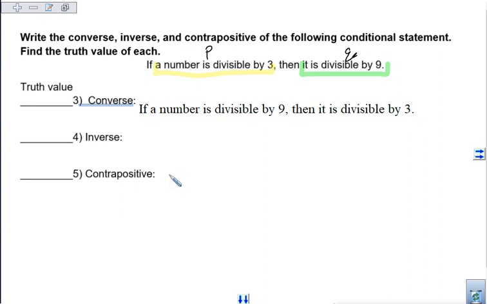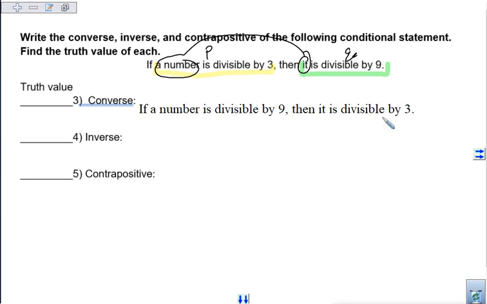Remember that we don't start our sentences with a pronoun, so we aren't going to start with if it. We refer to what it means, which is a number. So if a number is divisible by 9, then it is divisible by 3.